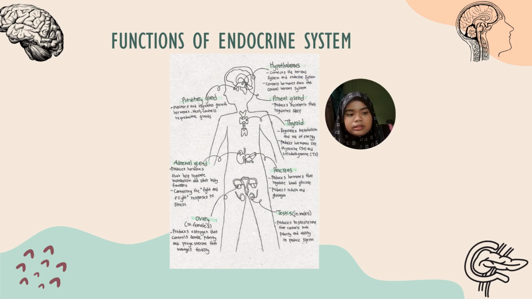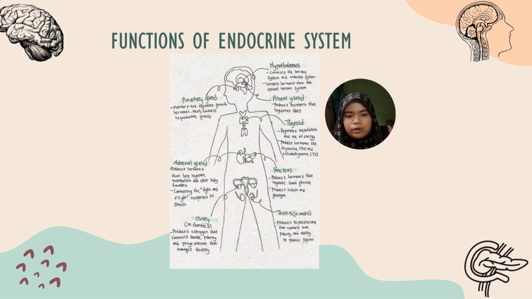Pineal gland produces melatonin that regulates sleep. Pituitary gland monitors and regulates growth hormone. Next, it controls reproductive glands. Thyroid regulates metabolism and use of energy. It produces hormones like thyroxine and triiodothyronine.